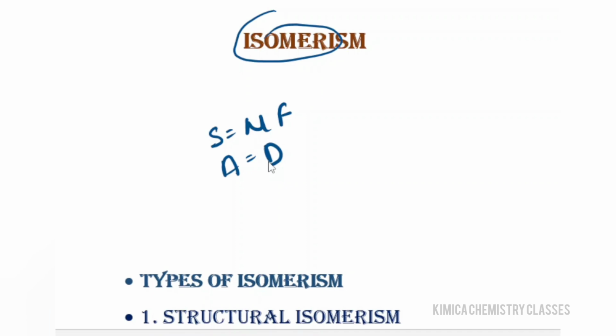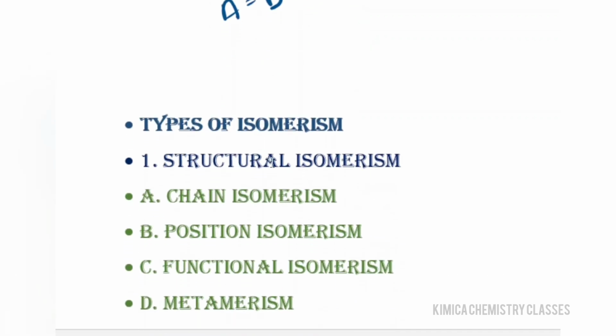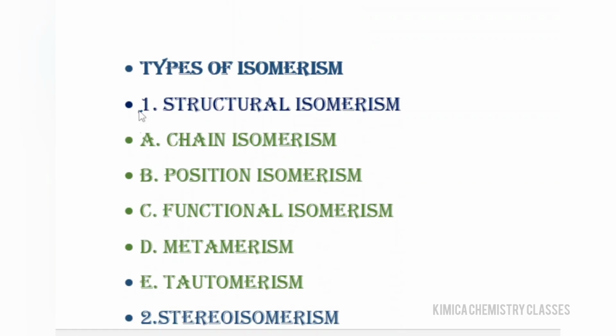There are two types of isomerism: structural isomerism and stereoisomerism. Structural isomerism is due to different arrangements of atoms within the molecule.